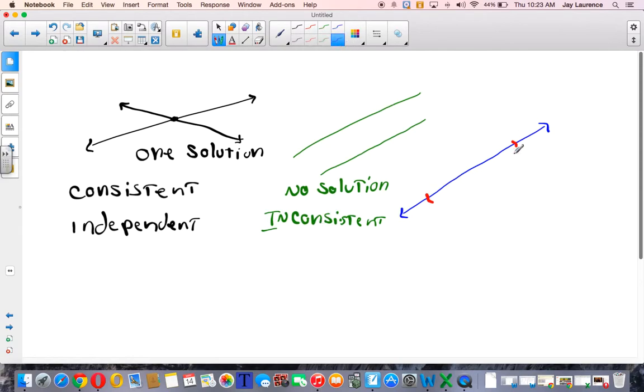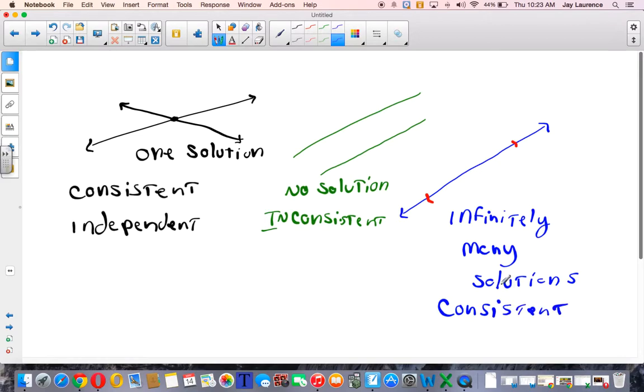Now, this one here, you can't see the red line, but I put red arrowheads on it. The two lines are intersecting everywhere, so this has infinitely many solutions. And since there are solutions, this is consistent.